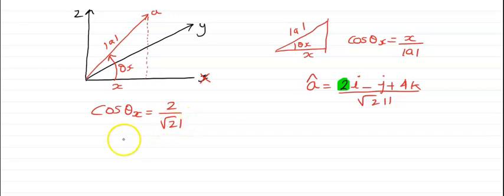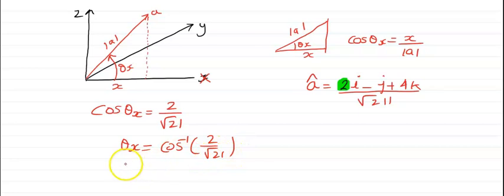So theta x will be cos inverse of 2 over root 21. If we find the value of cos inverse 2 over root 21, it will be 64.1 degrees.